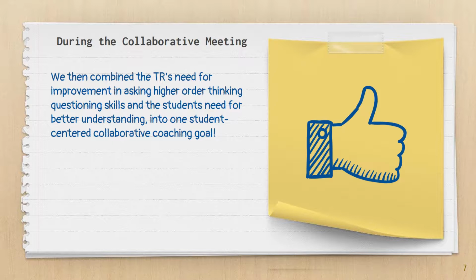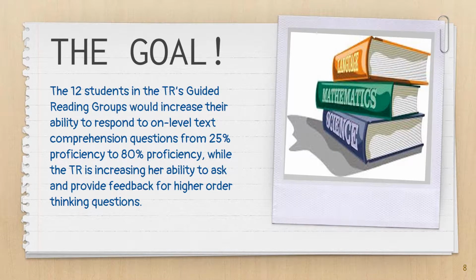So we thought about what the teacher resident needed, what the students needed, and we came up with a student-centered collaborative coaching goal. Our goal is for the 12 students in the teacher resident's guided reading groups to increase their ability to respond to on-level text comprehension questions from 25% proficiency, which is where they're beginning, to 80% proficiency at the end of the coaching cycle, while the teacher resident is increasing her ability to ask and provide feedback for higher order thinking questions.